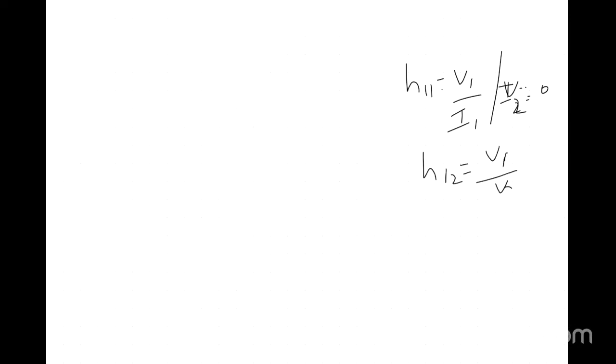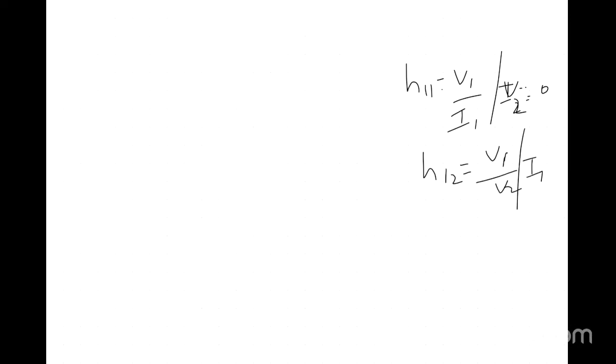Finally, what are the four parameters we got for the H parameters? H11 equals V1 by I1, with V2 equal to 0. Next, H12 equals V1 by V2, where the constant term is I1 equal to 0.